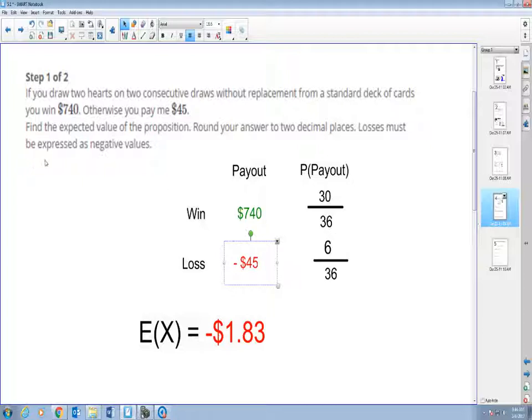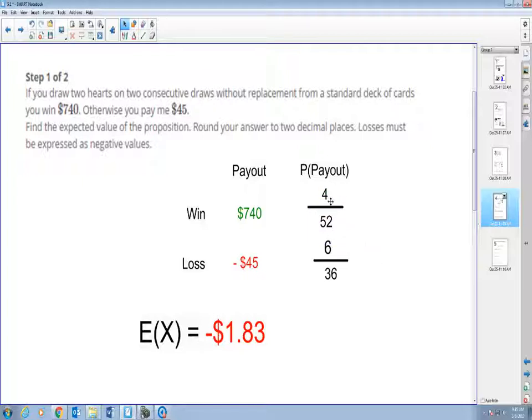Alright, so what is the probability? Draw 2 hearts on consecutive draws. So that will be heart and heart. Your probability of getting a heart without replacement: on the first draw, there should be 4 ways to get a heart out of 52.